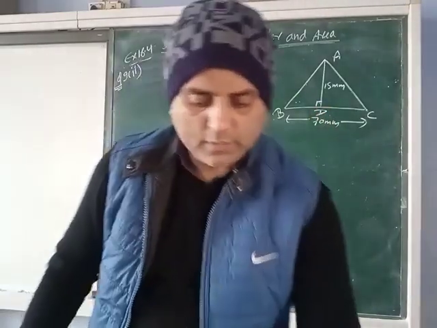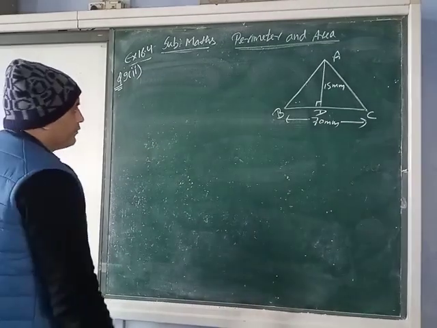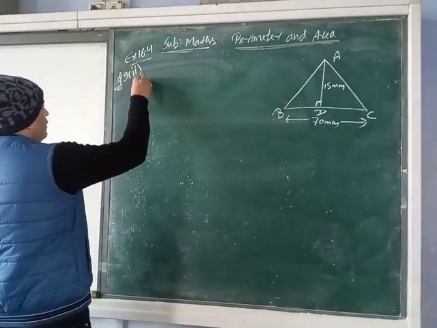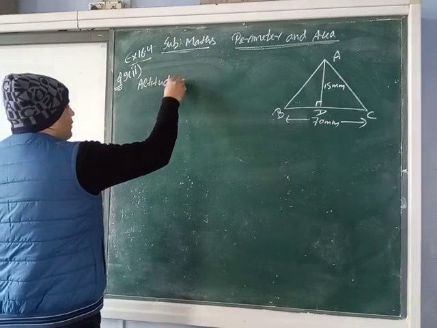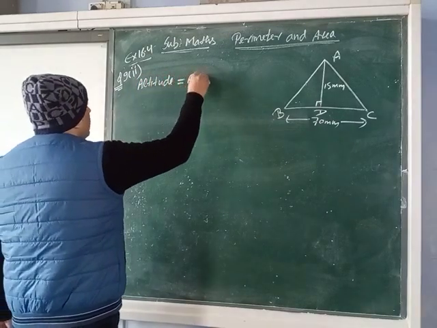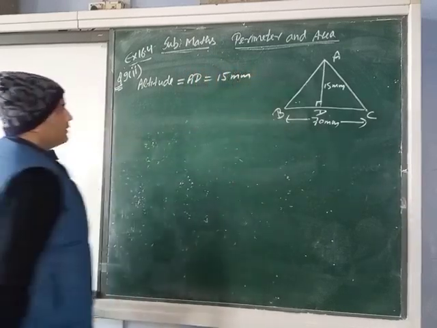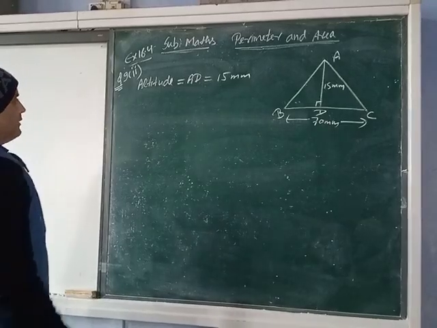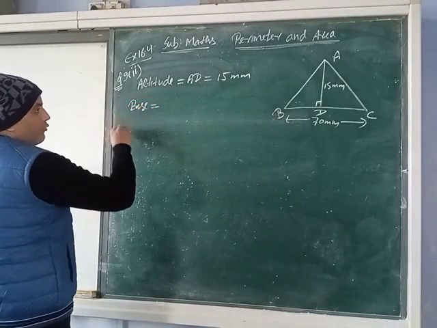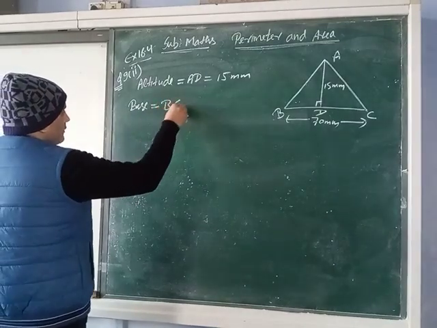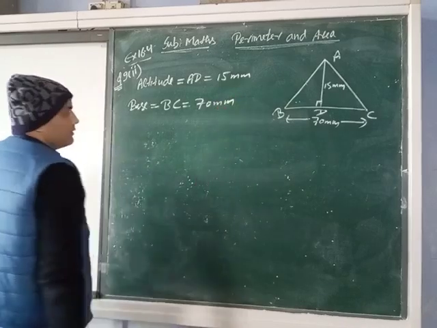D. First of all, write down what is given. So altitude or height, that is AD. What is AD? 15 millimeter. And their base, what is the base? That is DC, and base is given 70 millimeter.